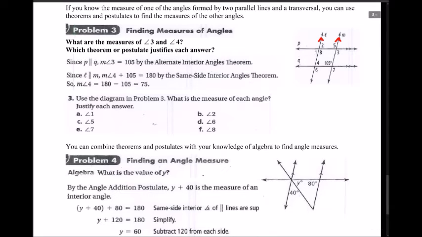L is parallel to M. And look, it's cut by 2 transversals. So we can be looking at these parallel lines cut by that transversal and these parallel lines cut by that transversal, right? It means we have special angle pairs on both of them. But look what else we have.